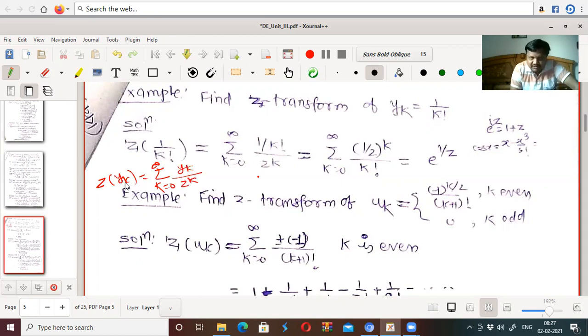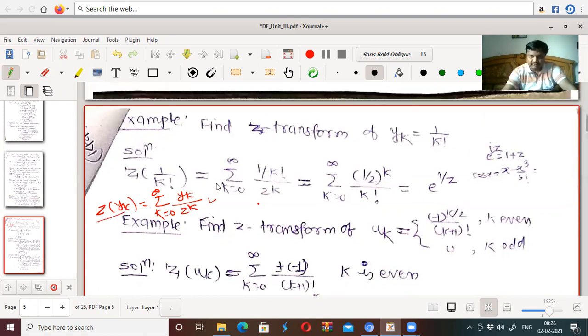This is the definition for Z transform of sequence yk. From this definition, we have seen some properties. The most important property is the linearity property. We obtained the Z transform of some sequences.